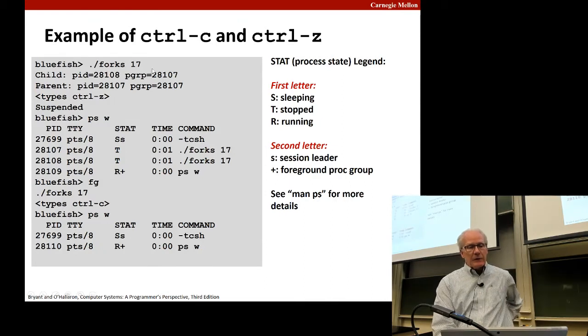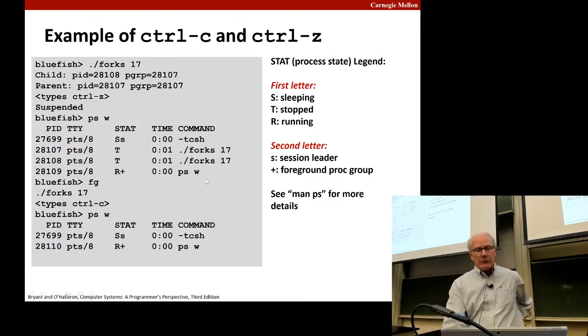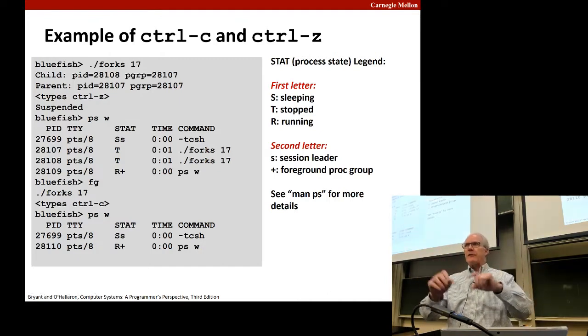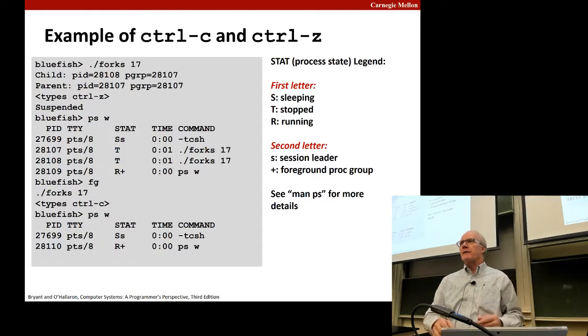Okay, so I did forks, I typed Control-Z, and that stopped these processes. Now if I bring it to the foreground and type Control-C, it will terminate those 2 processes. The point is that Control-C terminates not just the process that's directly running, but if it spawned children, those will be terminated as well.